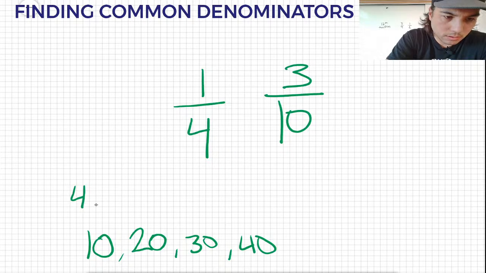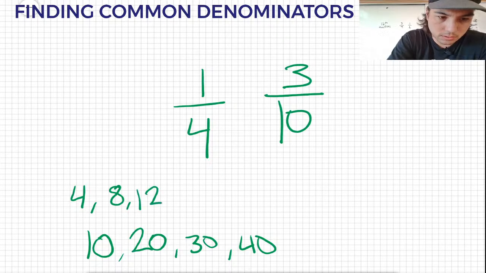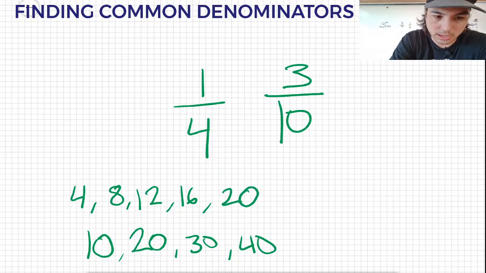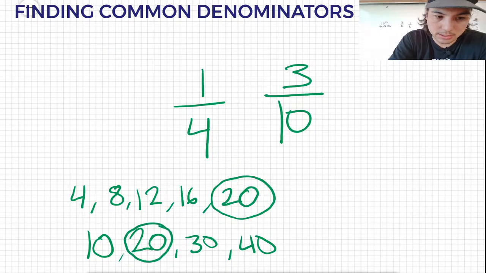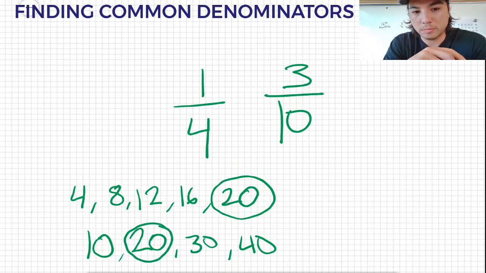4. 4 plus 4 is 8. 8 plus 4 is 12. 12 plus 4 is 16. 16 plus 4 is 20. Aha! There's our least common multiple.